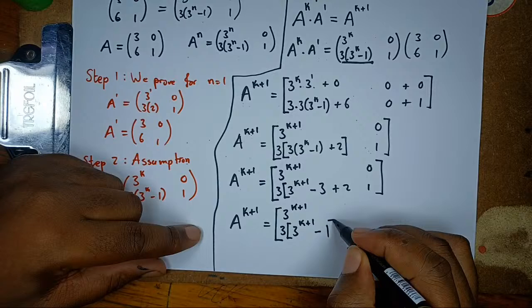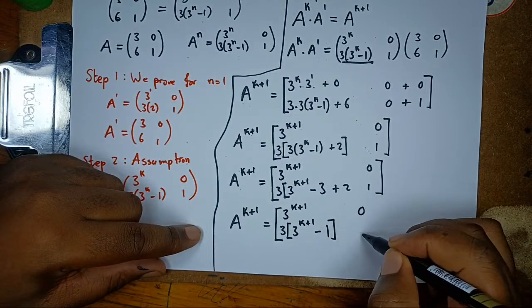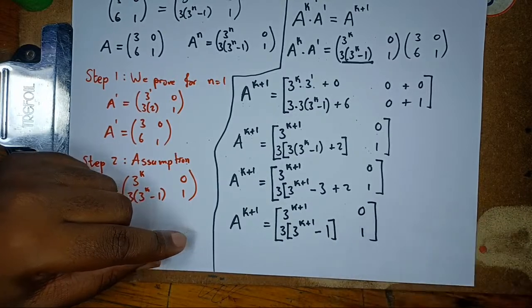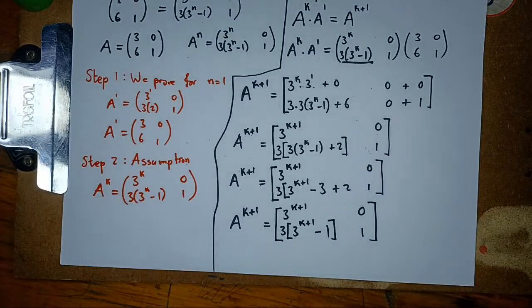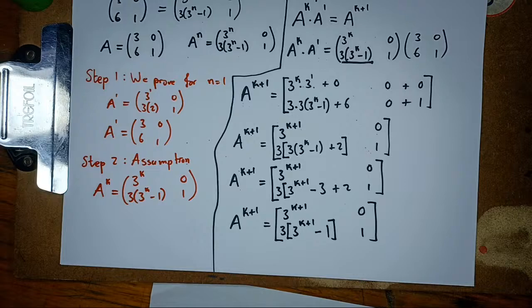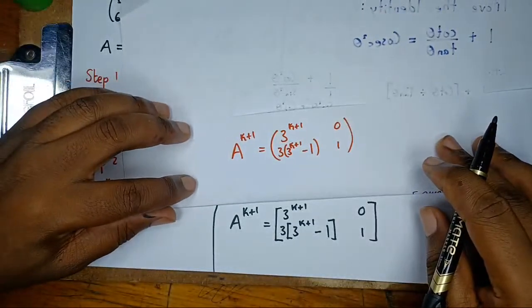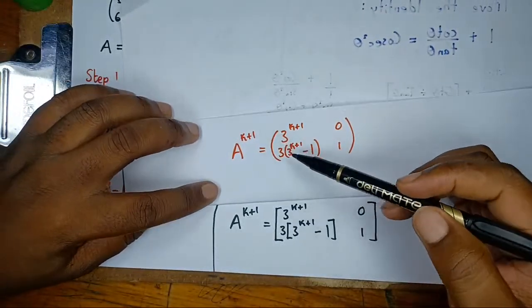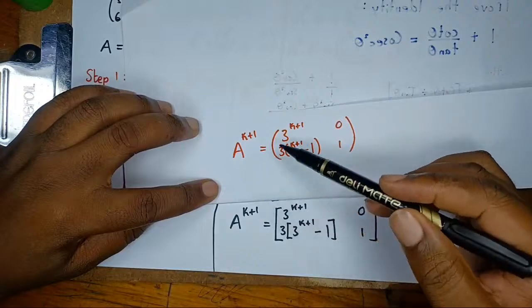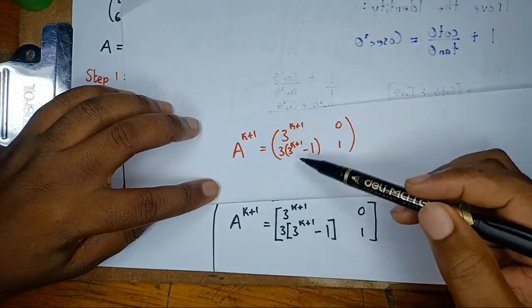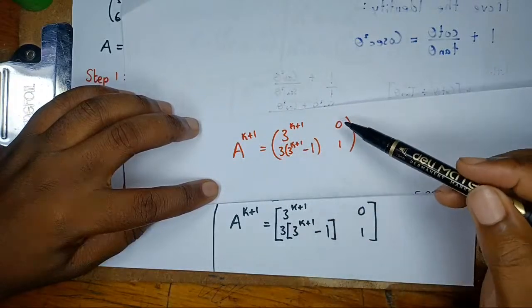Then we can close the bracket. We have a 0 and a 1 here. Okay. Now remember, I told you how to find the result before going through this. So the whole purpose of finding that result that I wrote down is so that you can come and compare the two. You can see that these two are just the same. 3 to the k plus 1, which is that, this part, which is this part, 0 and the 1.